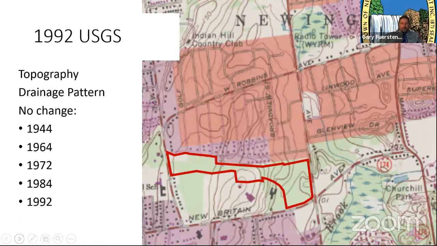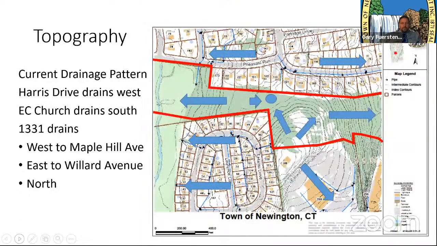And when you go on to the next slide, Heather, this is a map from the town GIS system. Again, it shows virtually the same drainage patterns, drainage to the west, drainage to the east, and drainage to the north. This little blue dot, that's where I call the bowl.